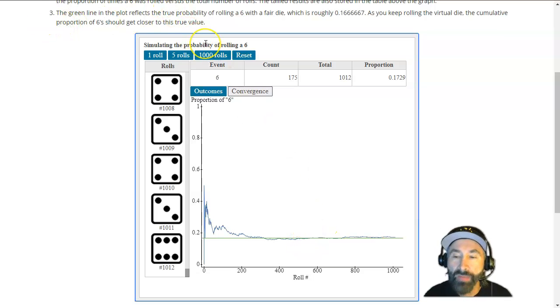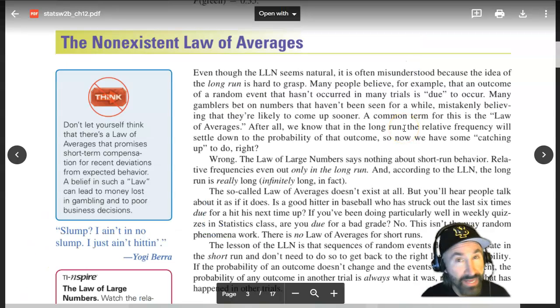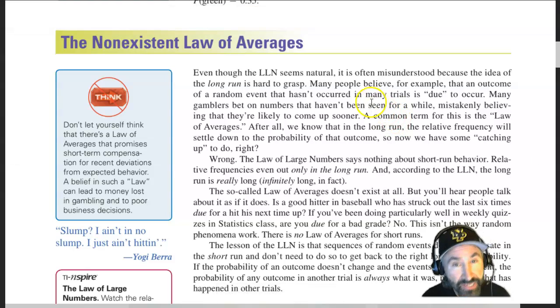Okay. By the way, something that I want to point out here, and that our textbook points out, is that this is sometimes confused with something called the law of averages. I did not put the law of averages in my presentation, but it is in our textbook.